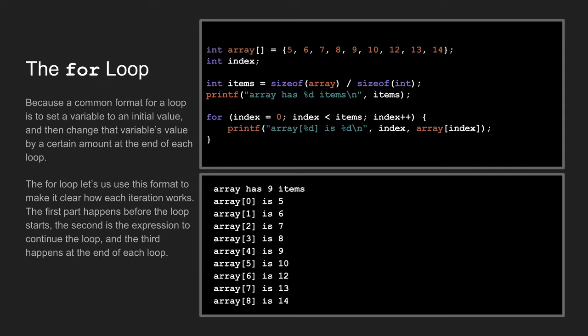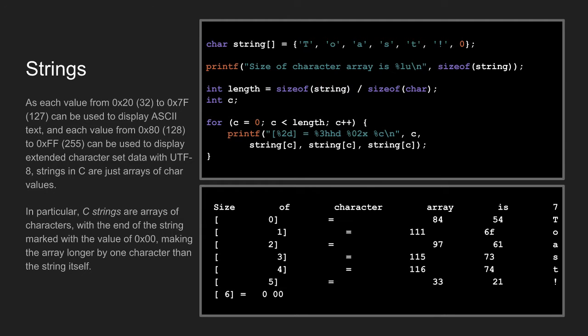So as you can see, it takes the state of the loop and the way the loop works and compacts it all onto one line. We can see how that loop is going to act all in one location, which makes it a bit easier to read. And it has the same output as before. It does the exact same thing, just a bit easier to read.